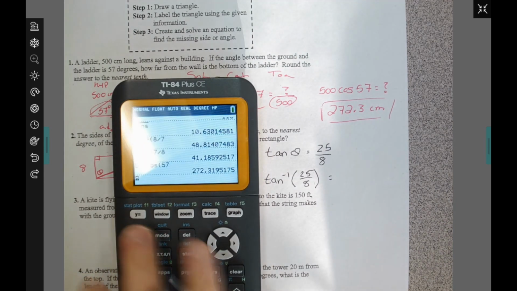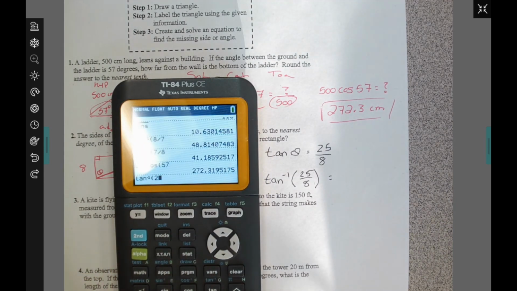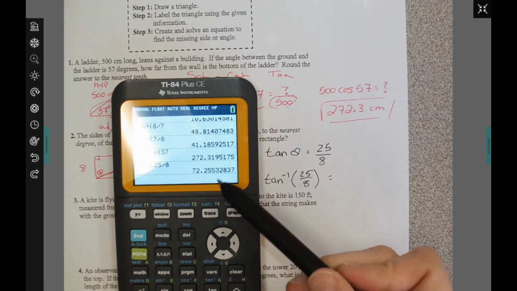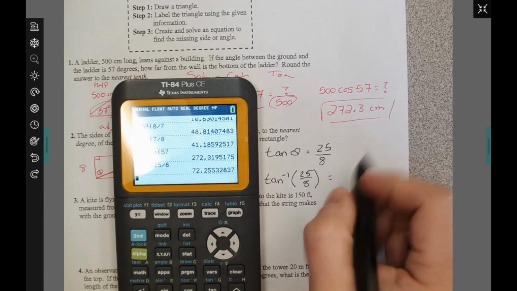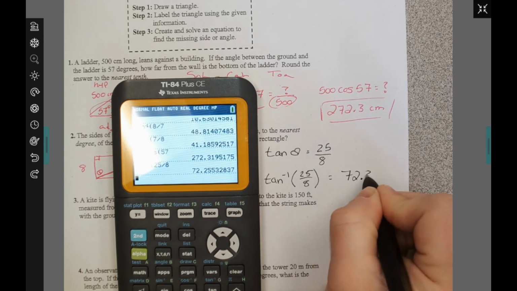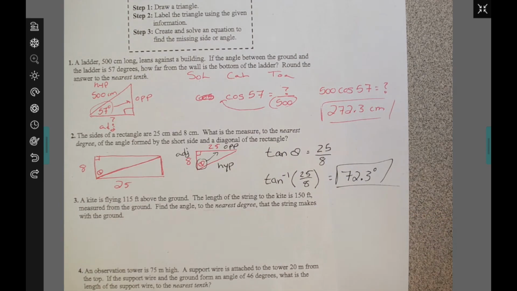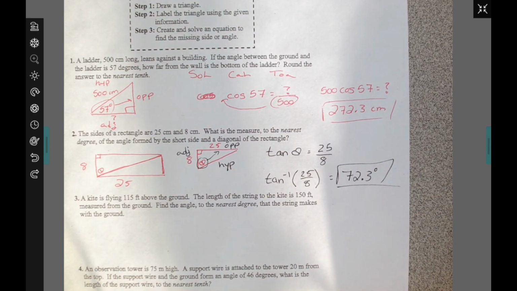So on the calculator, second tan 25 divide 8. We're going to the nearest tenth. So it's going to be 72.3 degrees. All right, so for the rest of these, you got to follow those steps. You got to draw your picture first. So draw a triangle, label it from there, and then it's just right triangle trig, SOHCAHTOA.